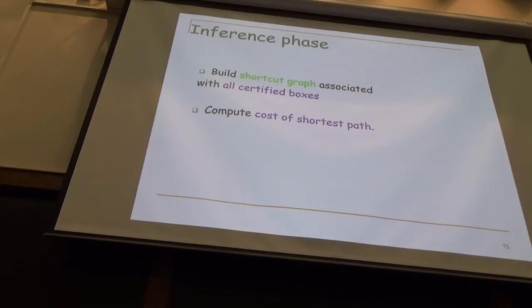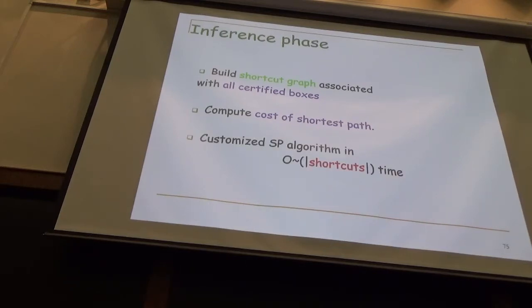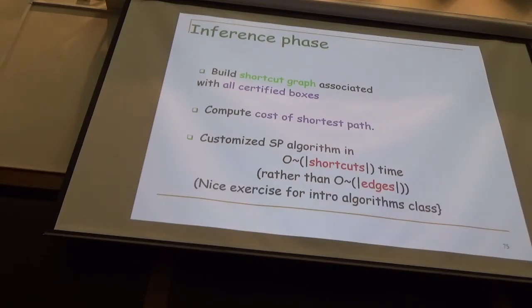This graph has n squared edges because it has the grid plus the shortcuts. But there's a customized version of the shortest path algorithm where you only pay O tilde of the number of shortcuts. Instead of paying for all the edges, which is quadratic, it's a nice exercise for an intro algorithms class.